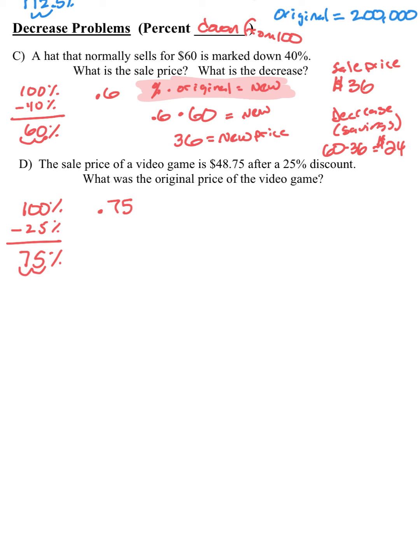And I should be clear, when I say percent, we're talking about it as a decimal, okay? So our percent is 0.75. Our original price, we don't know. But we do know that the sale price is $48.75. Okay? So what we're going to do is divide both sides by 0.75.